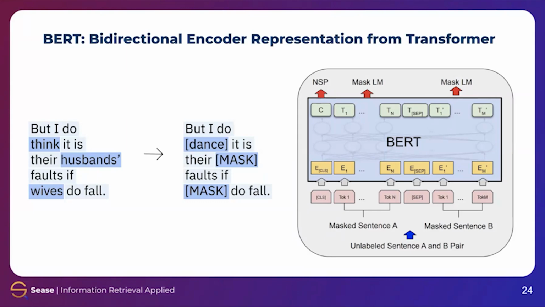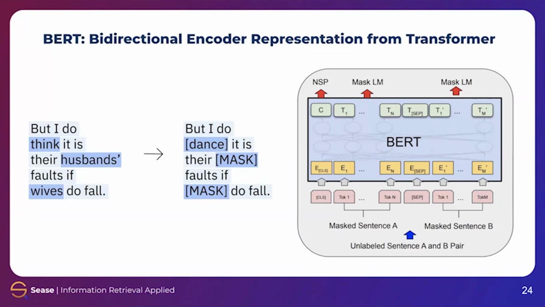BERT takes the encoder part, and the BERT-base model has 12 layers of encoder, one on top of each other, and it's trained in two ways: masked language modeling and next sentence prediction. I need to say this just to help you understand the differences between the models I picked afterwards.